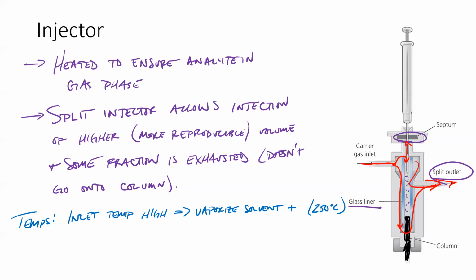Now the column likely will not start that warm, right? Remember, we use temperature gradient to pull stuff off the column. And so the column starts much colder than that.